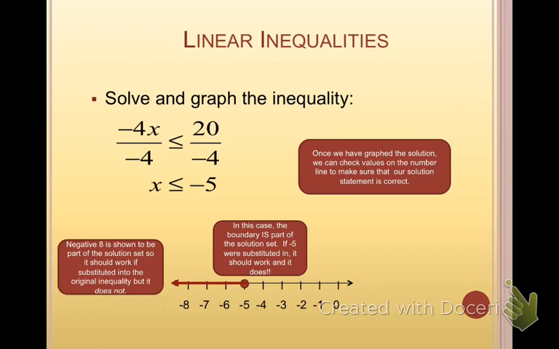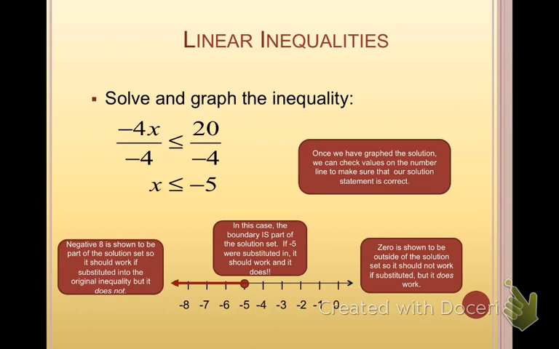I'm good there. Let's say I pick out -8. -4 times -8 is 32. Is 32 less than or equal to 20? No, it's not. So what's going on here?